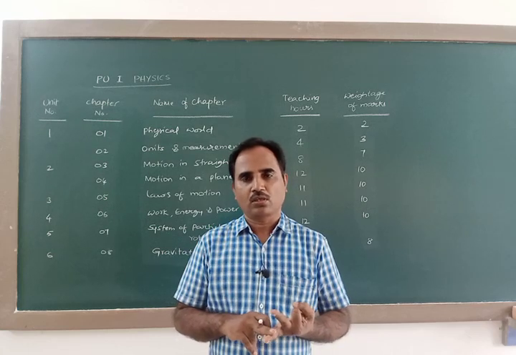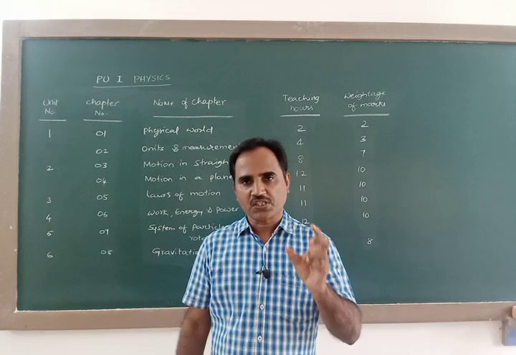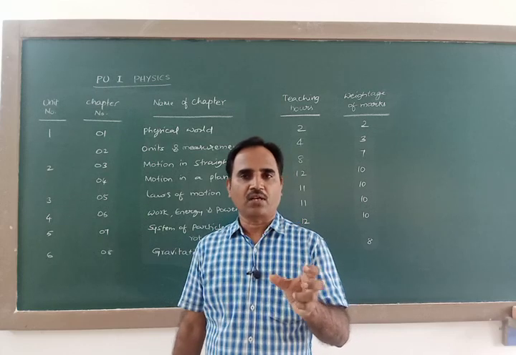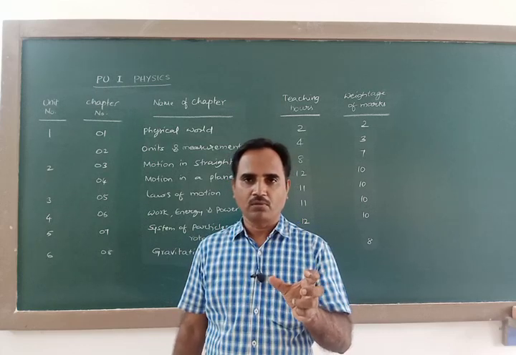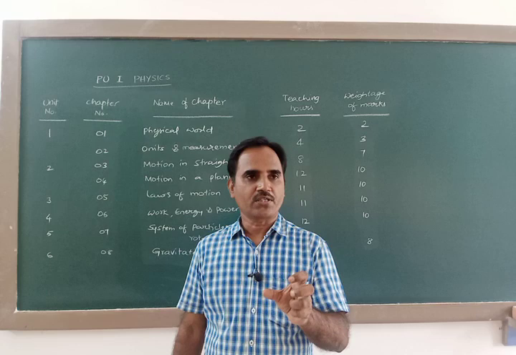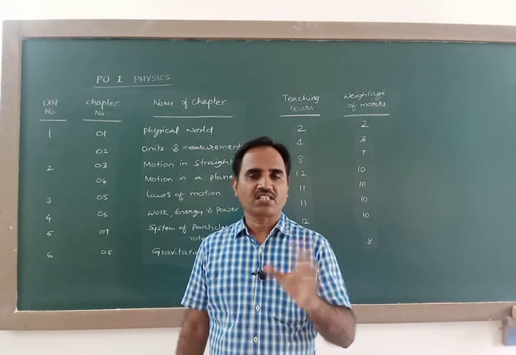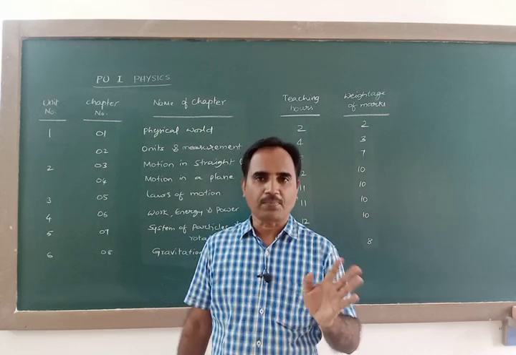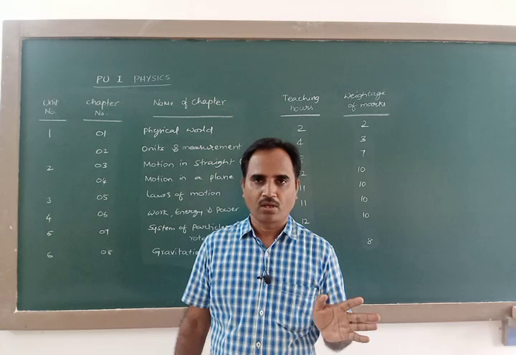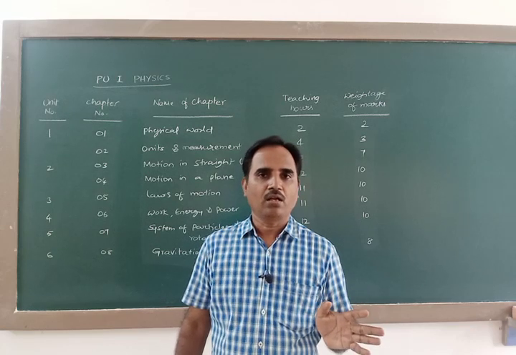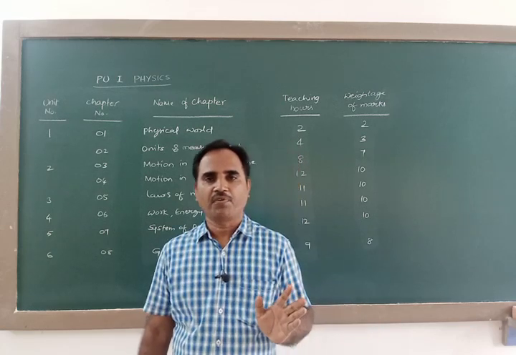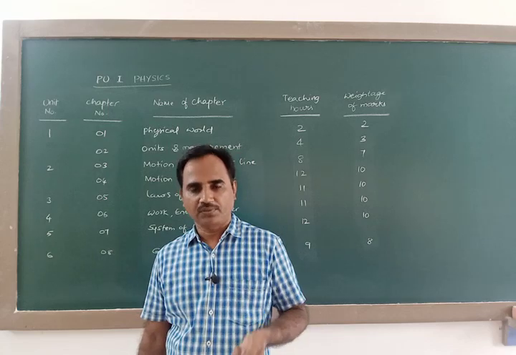This first year part of general physics has been divided into 10 units, which are subdivided into 15 chapters. So in all, you have 15 chapters in PUC 1 physics.